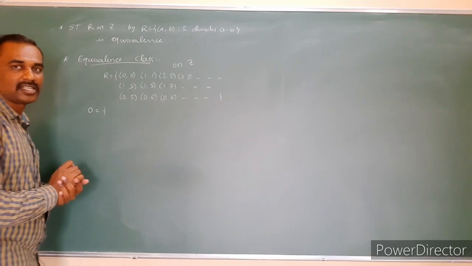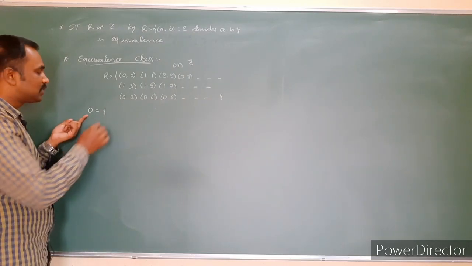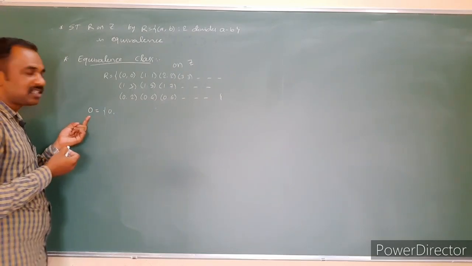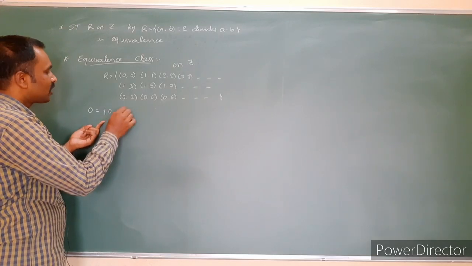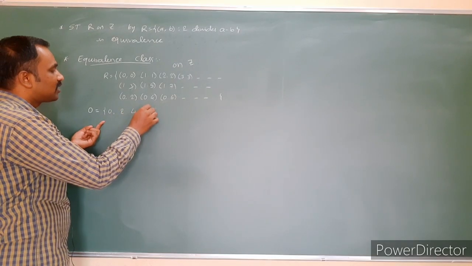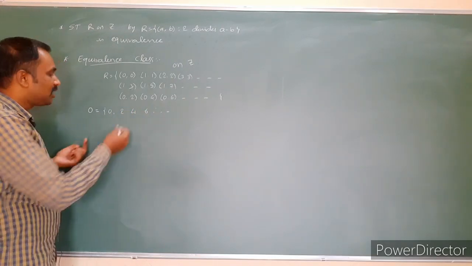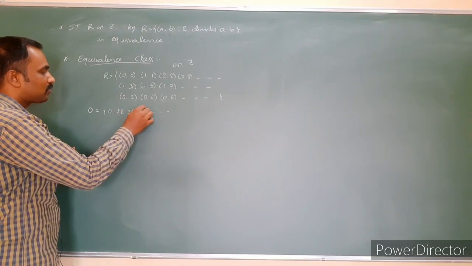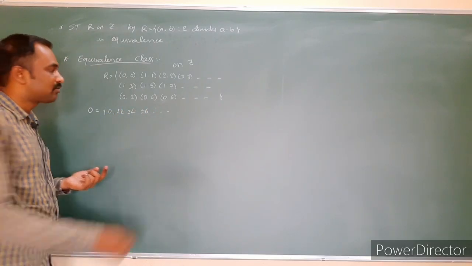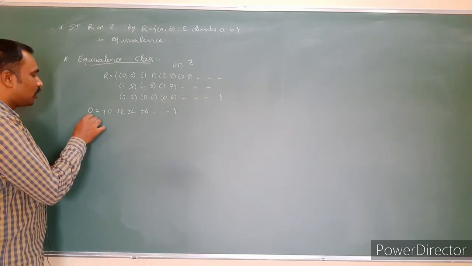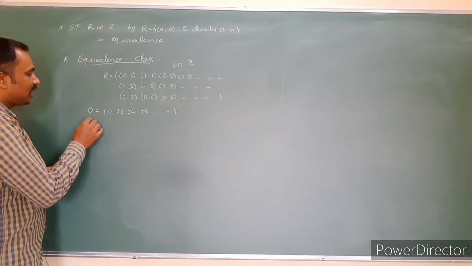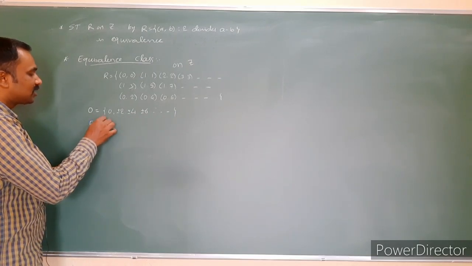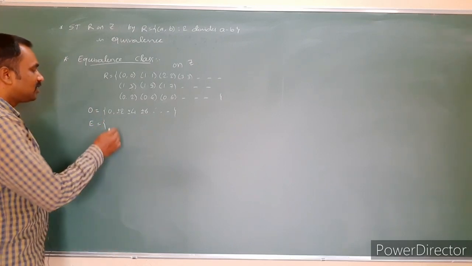One subset I call A. The elements present in this set are 0, 2, 4, 6, and so on. Similarly the negative numbers, plus or minus 4, plus or minus 6, all these numbers are present. Similarly, one more set I consider, named the set B.